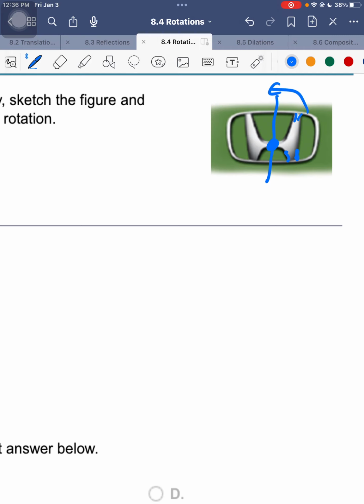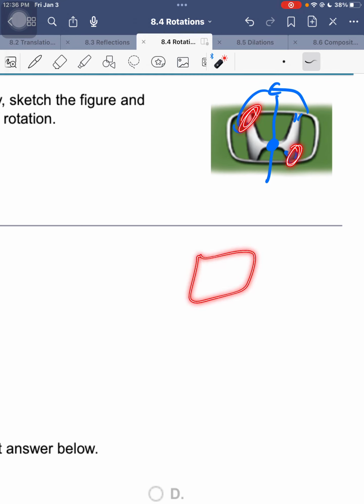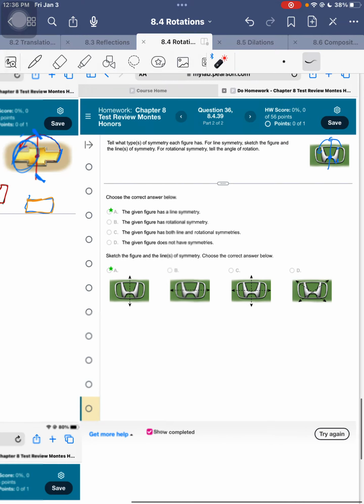So if I were to rotate it up here 90, it obviously wouldn't match. But even if I were to rotate it down here, this thicker side would be on top of this thinner side. So they wouldn't be superimposable. Okay? So it doesn't have any rotational symmetry, but it does have one line of symmetry.